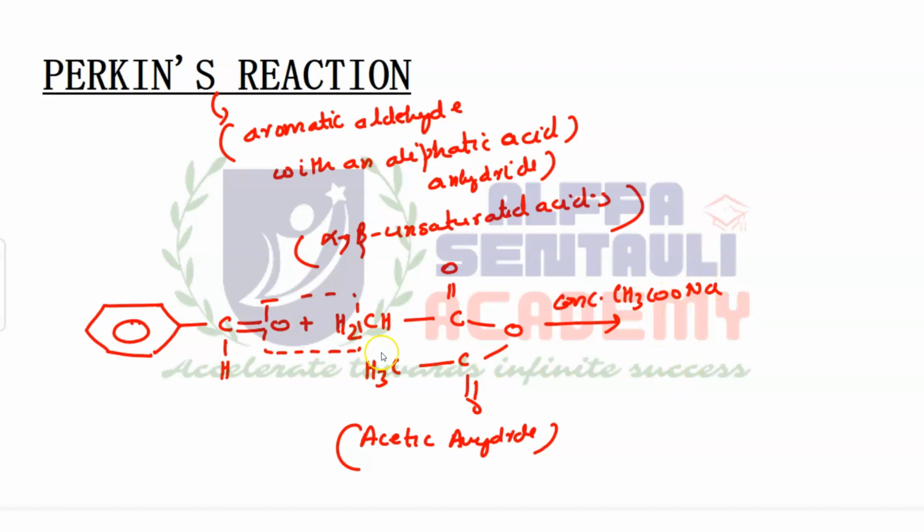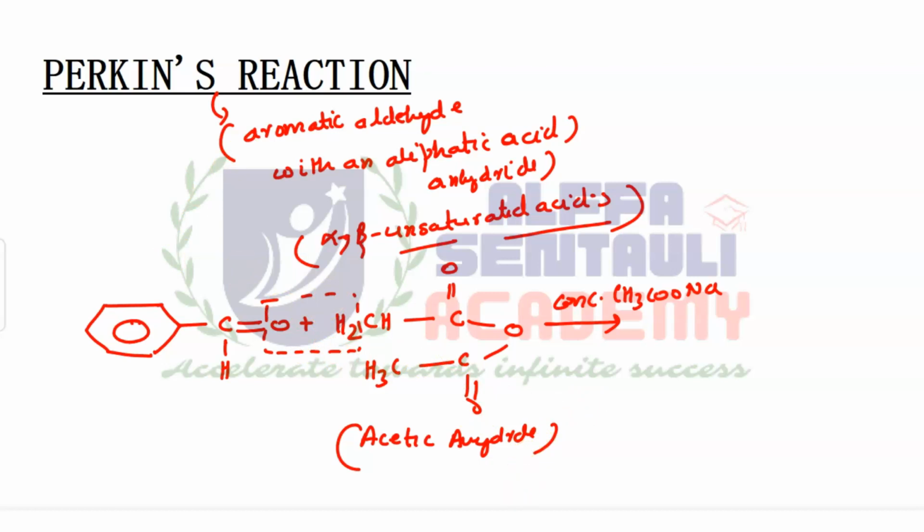So we'll get a compound like this, beta. This carbon and this carbon will get combined and you get a compound like this, an alpha beta unsaturated acid. Why unsaturated? Because there will be a double bond in the compound. So only this much is important in Perkin reaction.